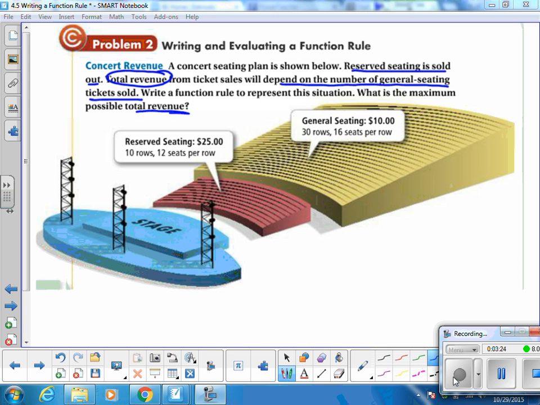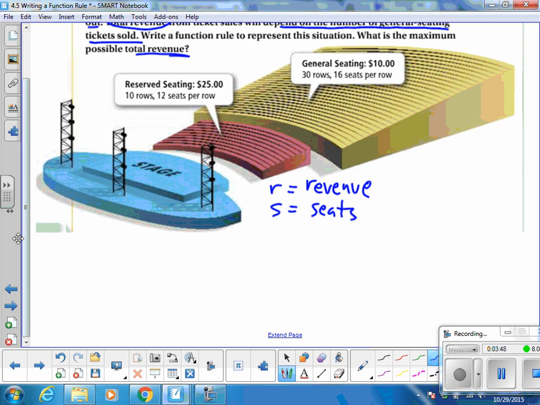Now we're looking for the total revenue, so we're going to play this out. Let R be our revenue. We're going to need a couple more variables here. We could do the number of seats sold, so maybe we can do S for seats sold. Now let's take a look here.